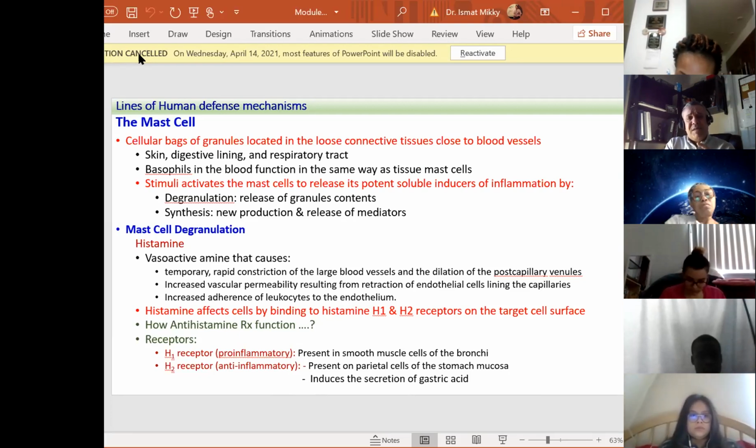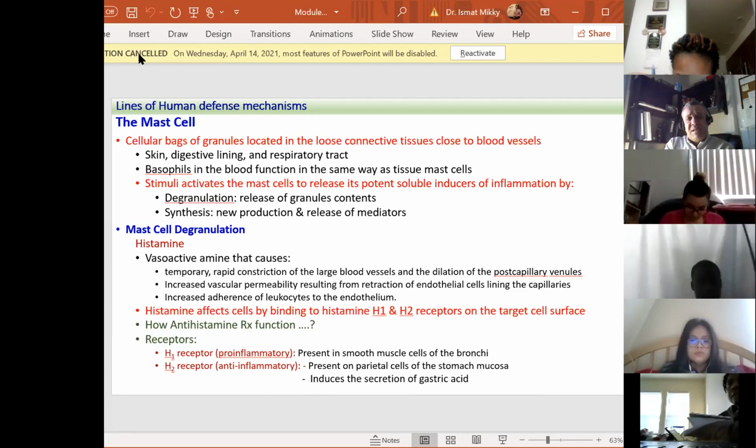That's the most difficult piece, which is how the mast cell releases these chemical mediators and then has an effect on the blood vessels. So it has a vascular and a cellular response. Two phases for the inflammation: vascular, and then cellular.